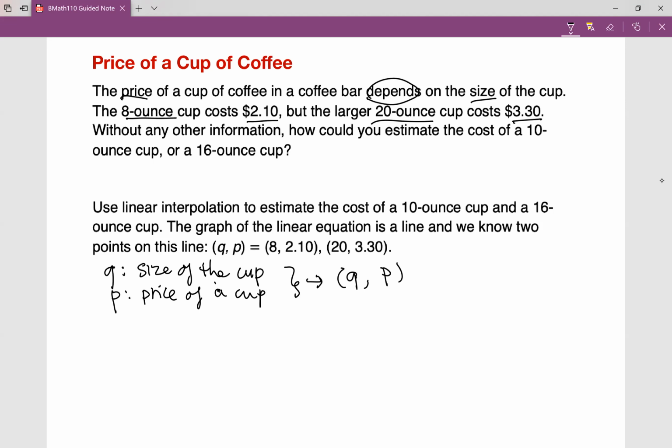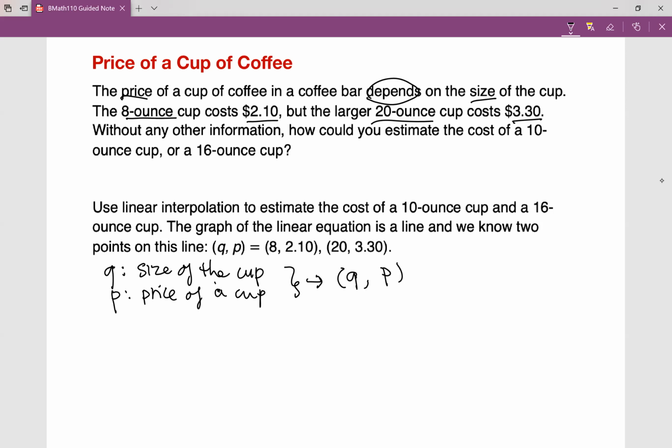So I actually list two ordered pairs here as 8 and 2.10, and then another one is 20 and 3.30.